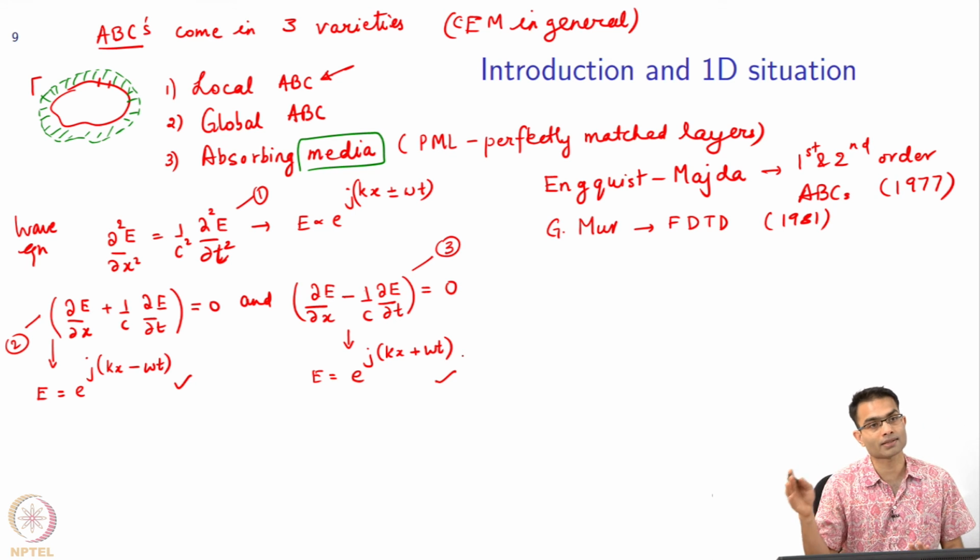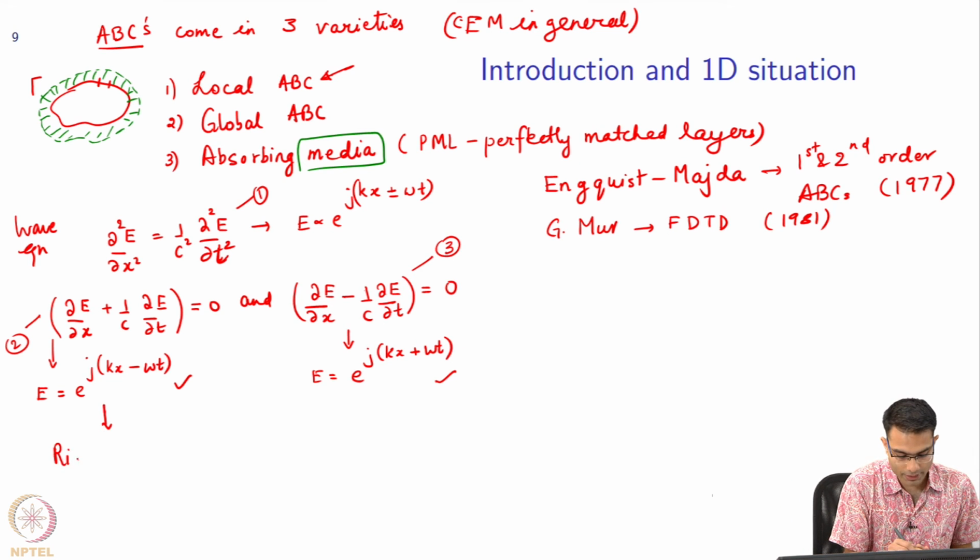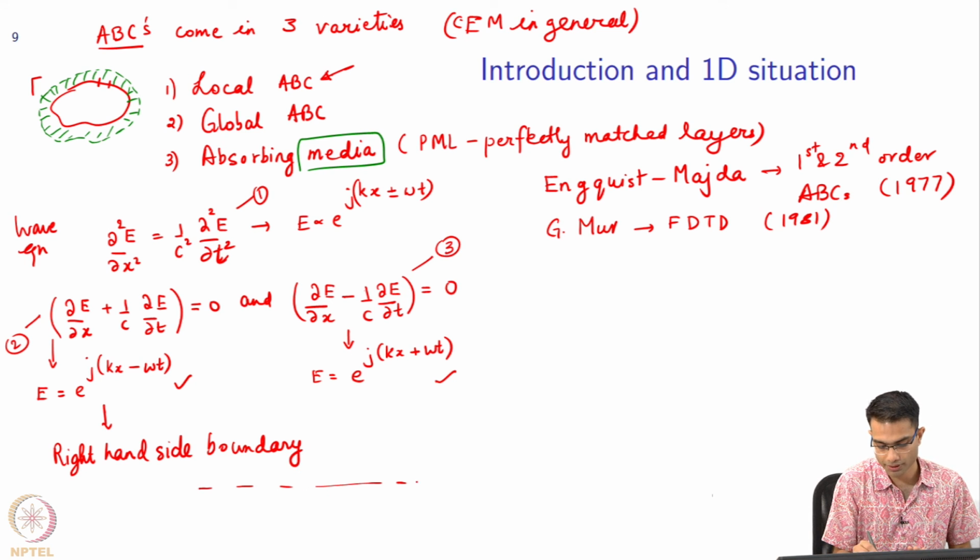Let us say at a right hand side boundary of a computational medium. Okay, so there is, let us say, a computational domain like this, and this is my boundary over here.